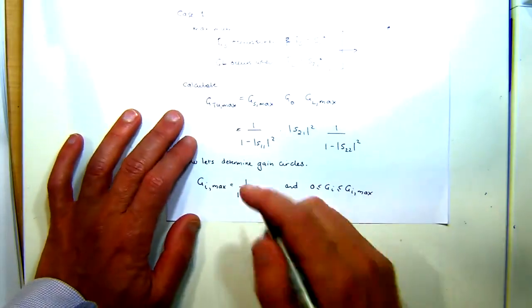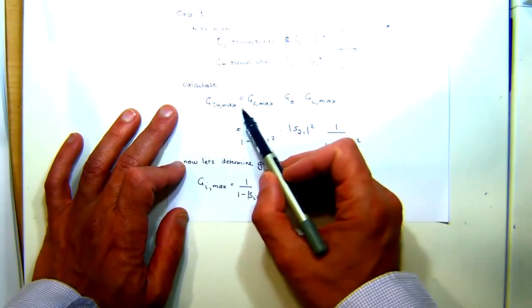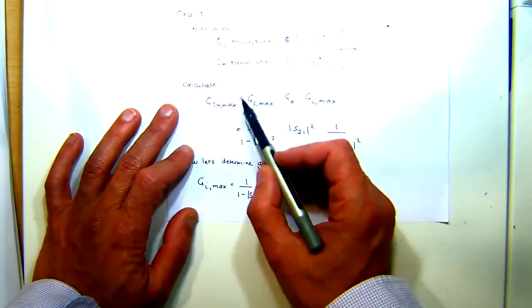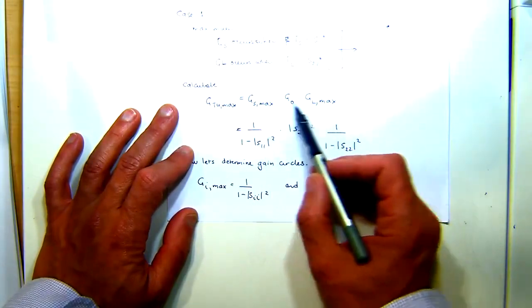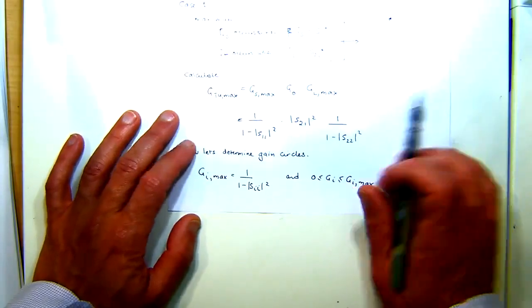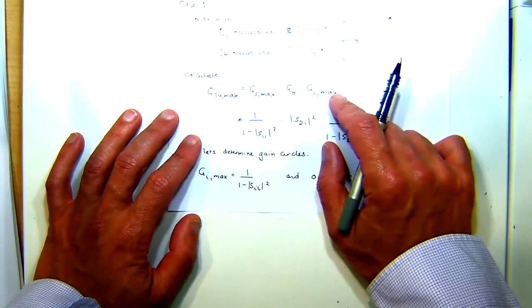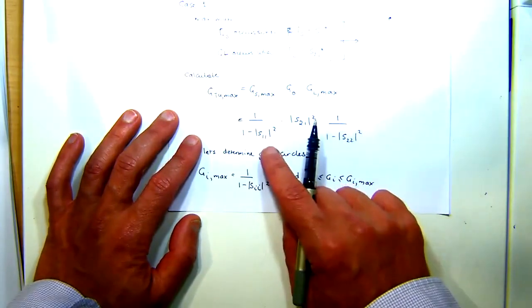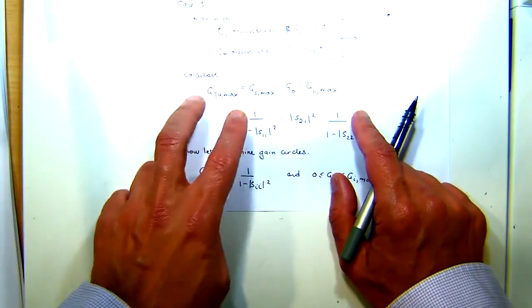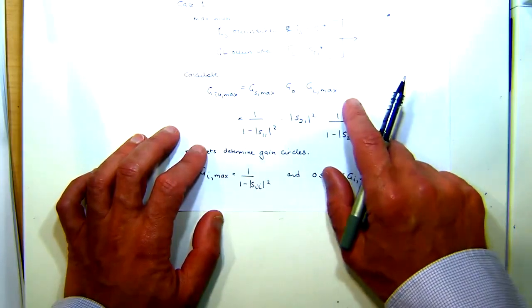Under those circumstances, let's work out GTU, the maximum transducer gain, which is the product of these three terms, each one being the maximum. Because you've got a product, and they don't depend on each other, you can easily convince yourself that this term on the left is maximized when you maximize each of the components individually.